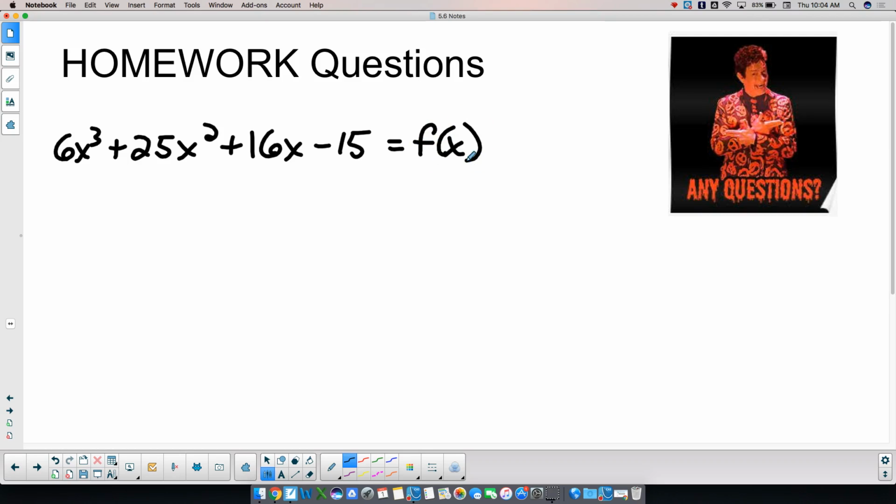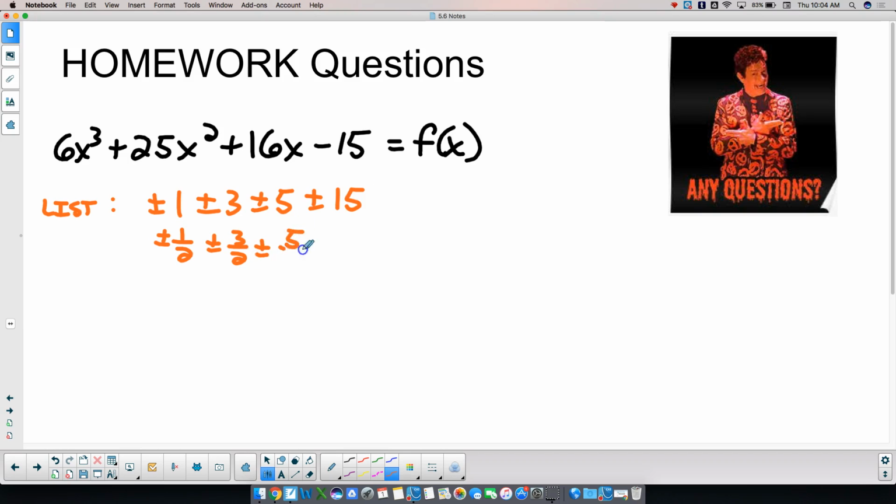Okay. So first I've got to come up with my list. My list is going to be 1, 3, 5, and 15. Then I go by 2: 1/2, 3 halves, 5 halves, 15 halves.